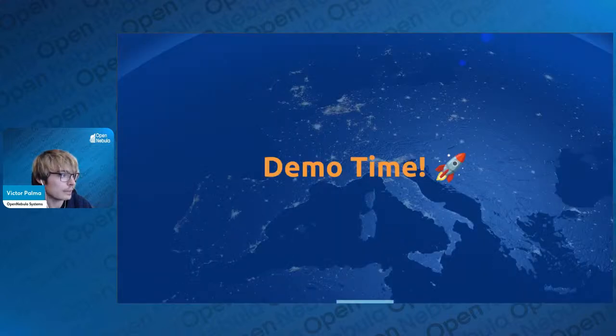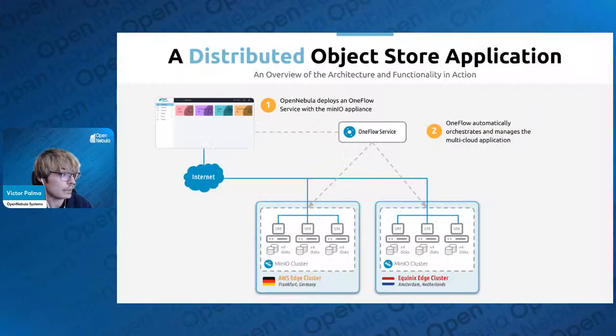So let's take a quick look at a demo of this tool. Here we are going to see how OneForm can deploy, using providers, a provision in different cloud providers. In this case, it is AWS Frankfurt and an Equinix cluster in Amsterdam.